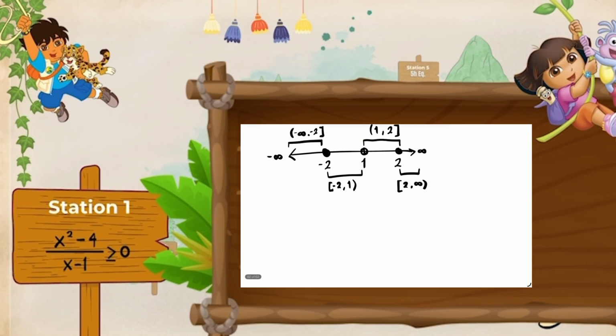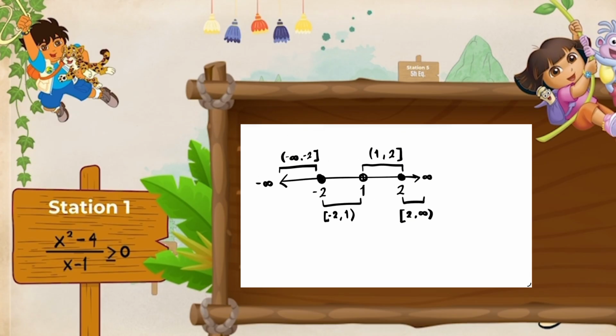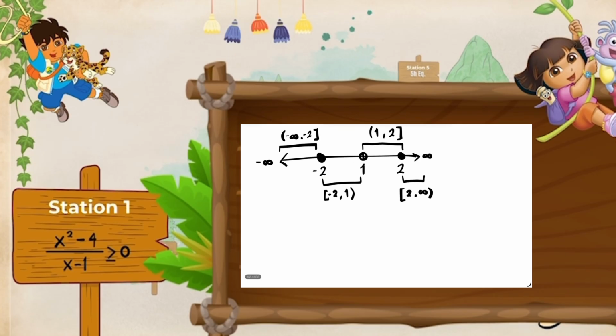Now, between those ordered pairs, we're going to choose numbers in between. So, let's think of a number between negative infinity and negative 2. Let's choose negative 3.